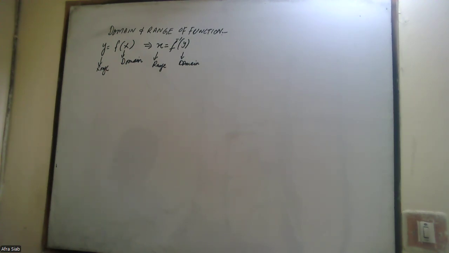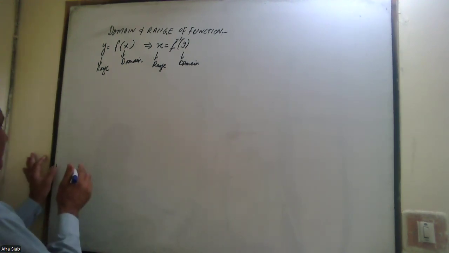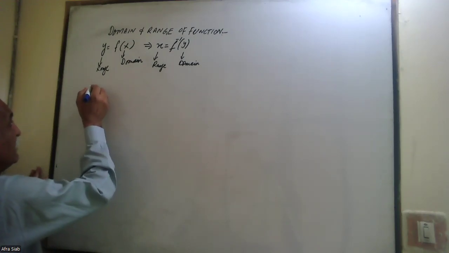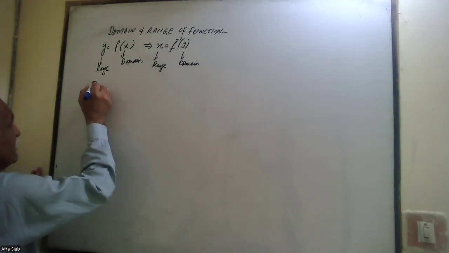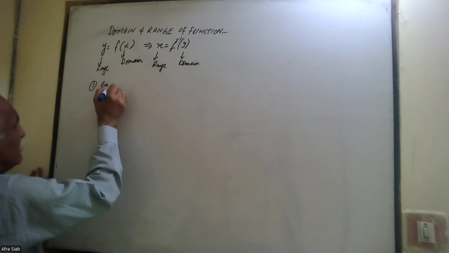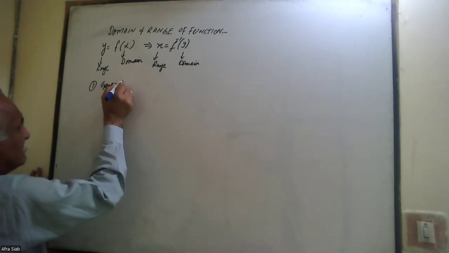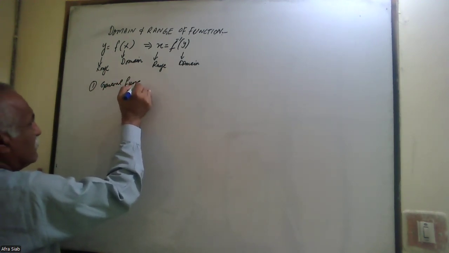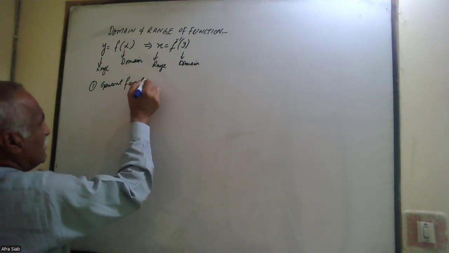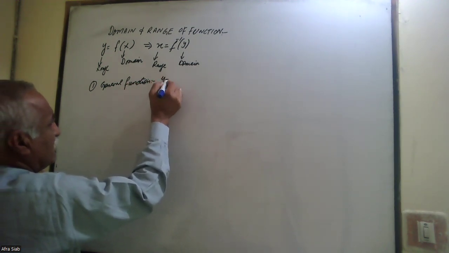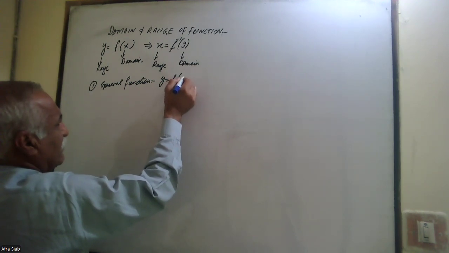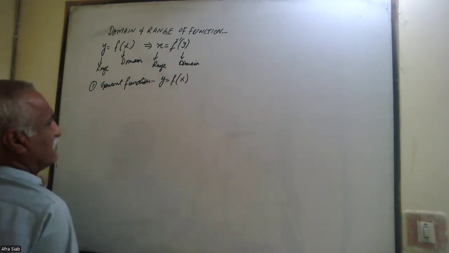Now, we are going to define each and everything of this function's topic one by one. First of all, the function is of three types. The first is what we call a general function, that is y is equal to f of x in simple terms.